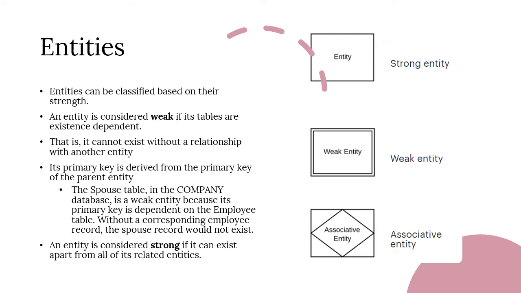Entities can be classified based on their strength. Entity ni ada dia punya kekuatan dia. An entity is considered weak if it is existence dependent. That is, it cannot exist without a relationship with another entity. Ada entity yang beginilah. So its primary key is derived from the primary key of the parent entity. The common example is the dependent of an employee, or the spouse of the employee.